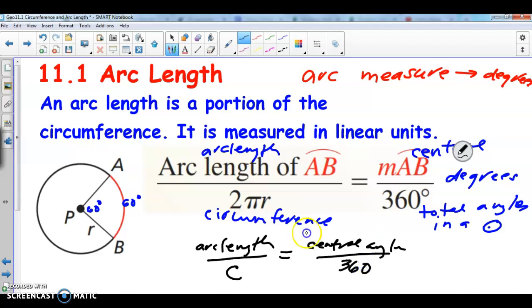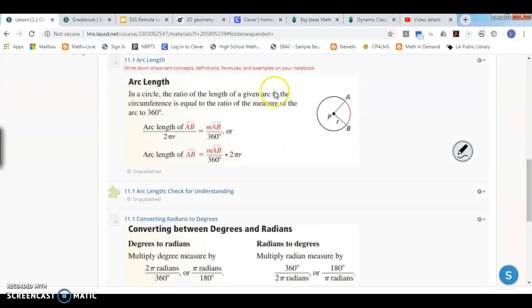Alright, this formula has a lot of versions. You can actually multiply 2 pi r, or the circumference, to the right-hand side. So you would get something like, let me show you what's in Schoology. You will get something like this. See where the 2 pi r went to the other side. It was multiplied to the right-hand side instead.